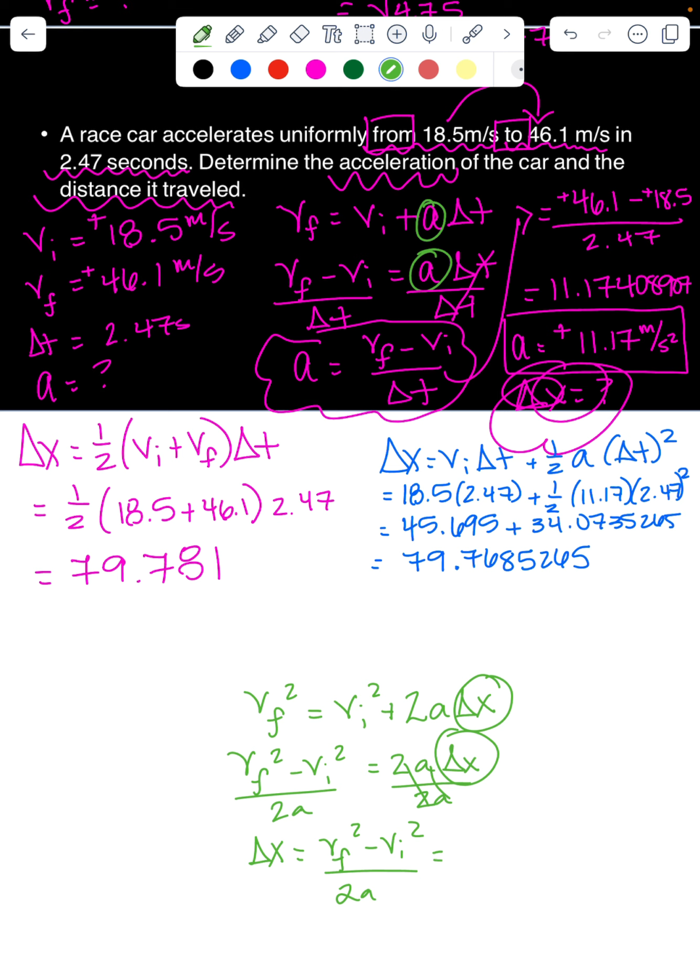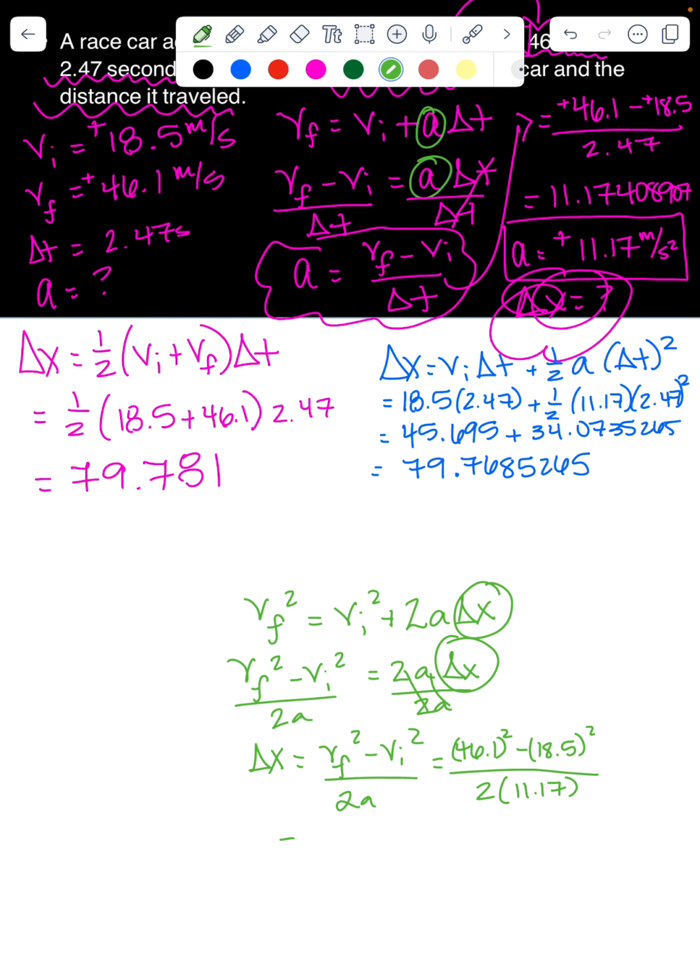So that's going to be 18, nope, sorry. Not that it matters, I just like having it right. Oh, it does matter. This is a minus. So 46.1 squared minus 18.5 squared over 2 times acceleration, which was 11.17.